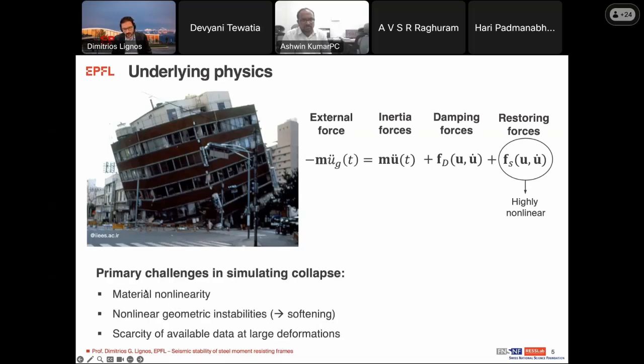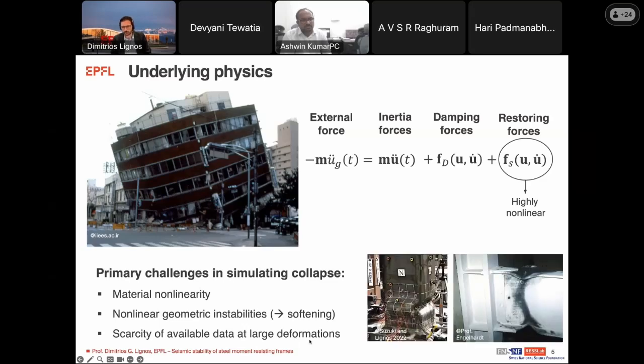The primary challenges in simulating collapse are to understand what materials do, and also to understand what is happening with the nonlinear geometric instabilities that cause softening. We also try to generate data to understand what happens at large deformations, where you could get these types of problems.